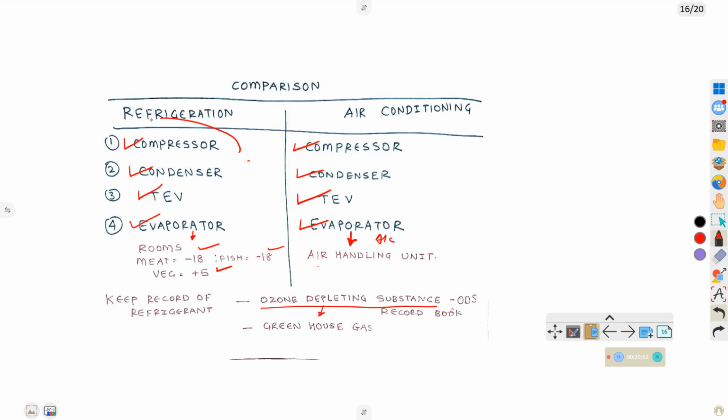They give these three units as common, whereas the evaporator is also common, but since it is not included in your questions, you should be aware that the evaporator is also common, but it is used for different purposes.